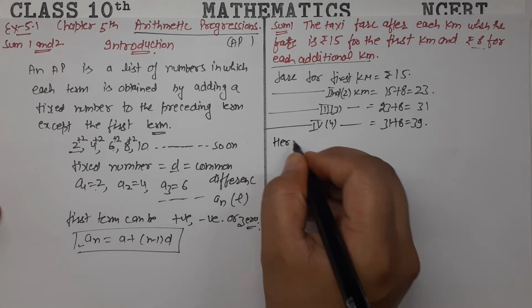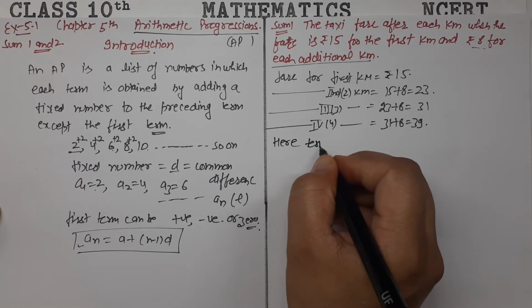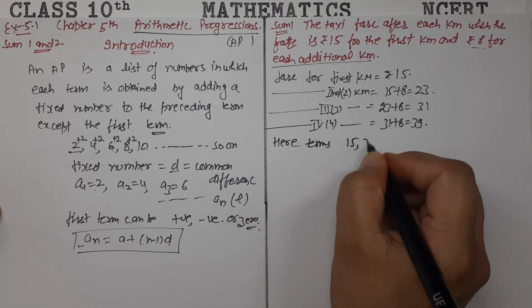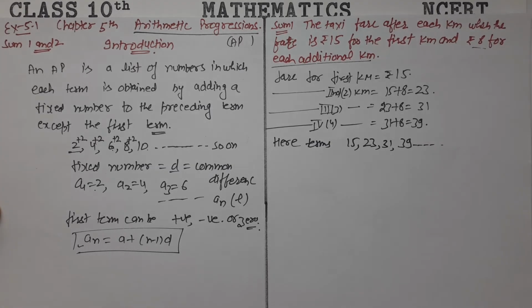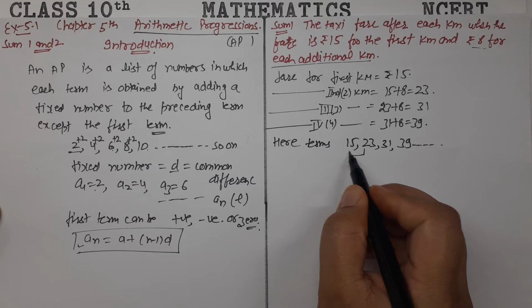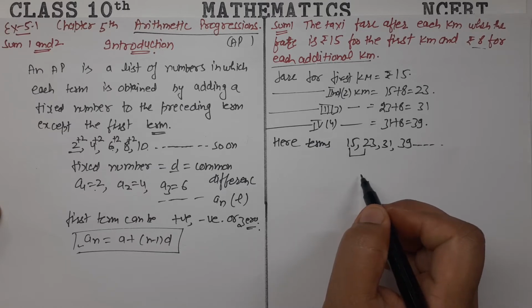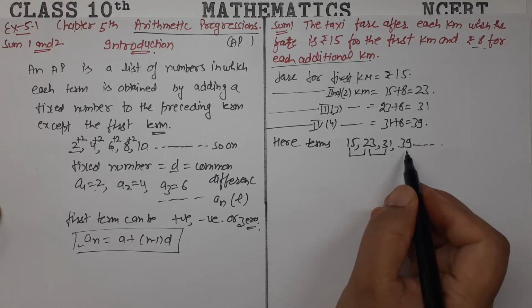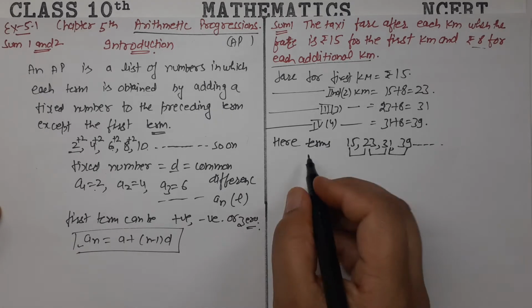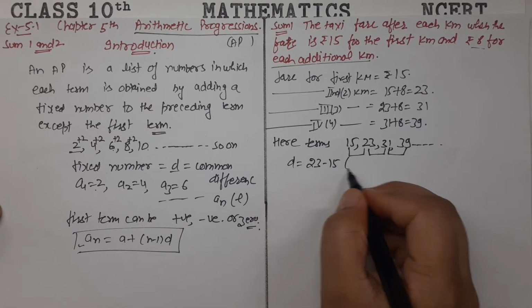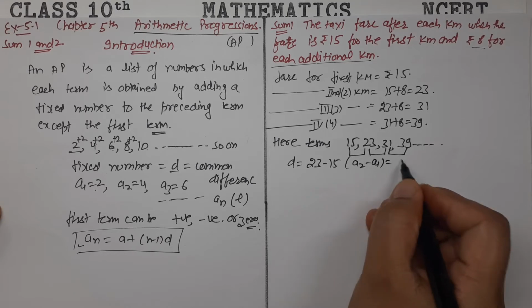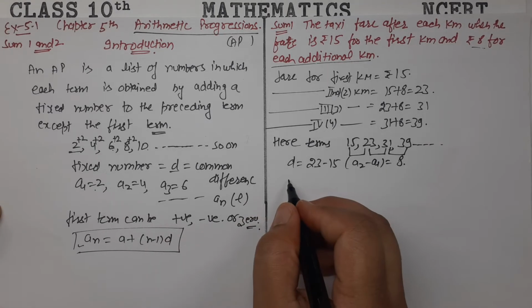Here terms are 15, 23, 31, 39 and so on. See here D: 8, 8, 8. When we subtract 23 minus 15, that is A2 minus A1, we have 8.